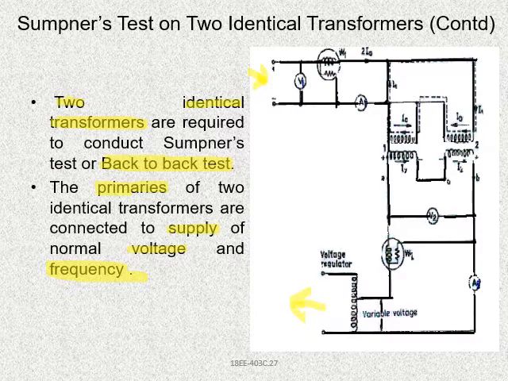Two identical transformers are required to conduct Sumpner's test or back-to-back test, where the primaries of two identical transformers are connected to supply of normal voltage and frequency.